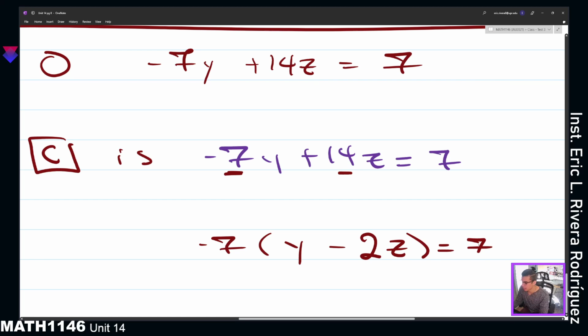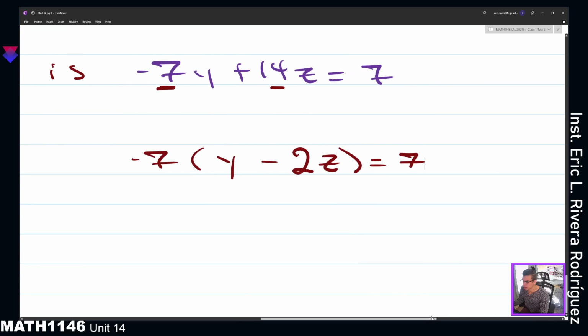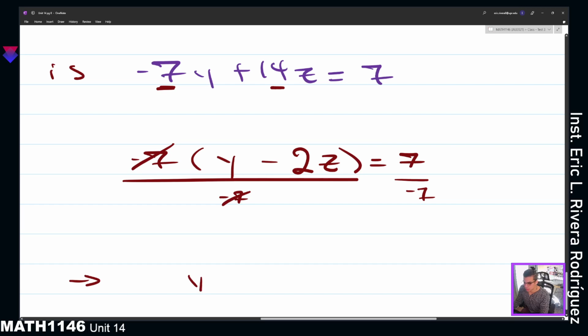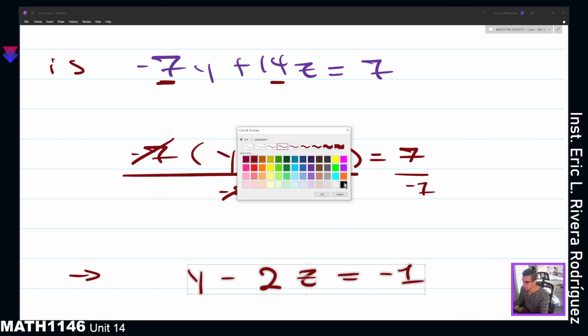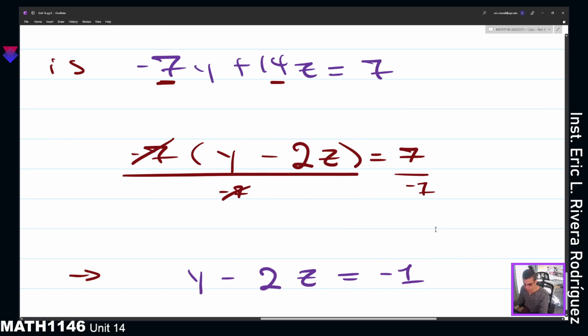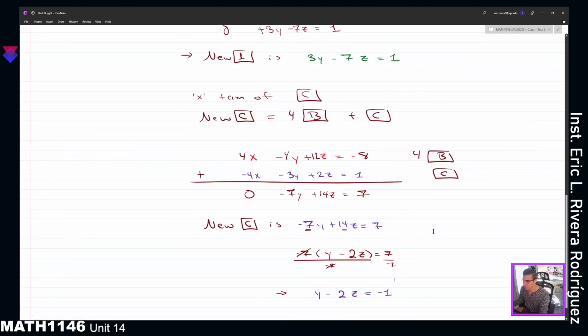Okay, and see what we can do here. If we divide both sides by -7, we can simplify our C equation. So the new C now is y minus 2z equals -1. Okay? So every time you can make things easier, you are going to do that.